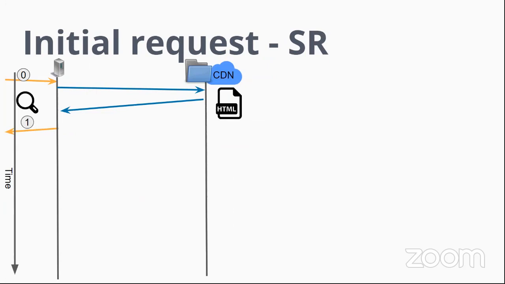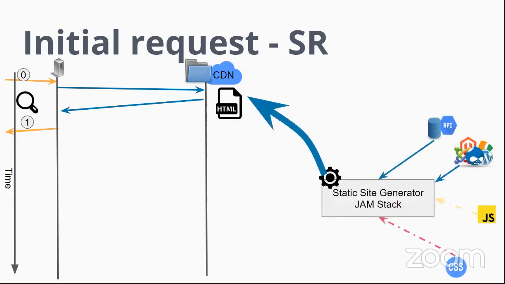Mind you, this is no different from a client-side rendered application. The server gets an initial request, comes into the file system, picks up an HTML file and returns it back. It doesn't do any other operations at all. But the secret behind it is what you're going to see now.